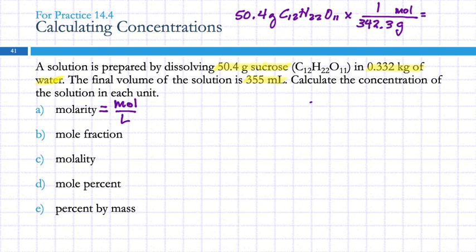Okay, so 50.4 divided by 342.3, 0.14724 moles. I'm going to be using this in the calculation, so I don't want to round it off here. I want to keep my 2 extra digits. So that's the moles of sucrose, so that's what goes in the numerator here.